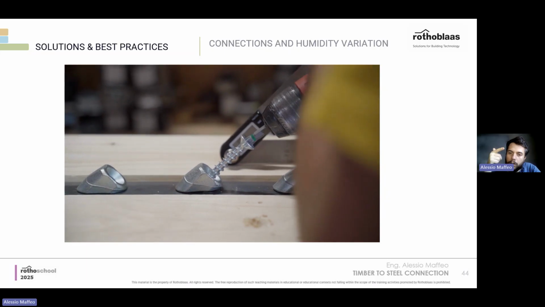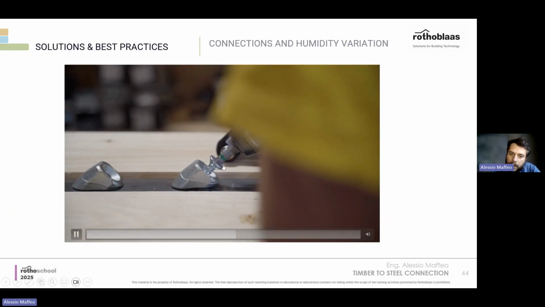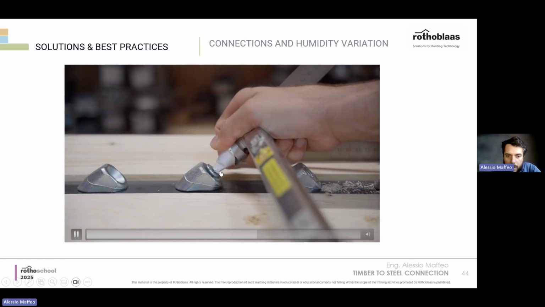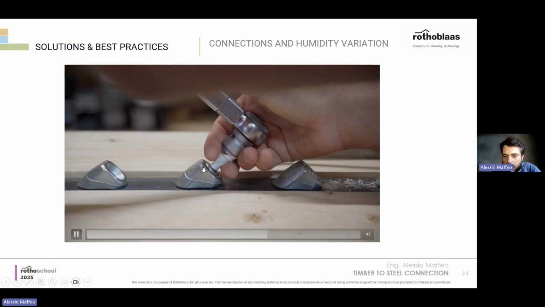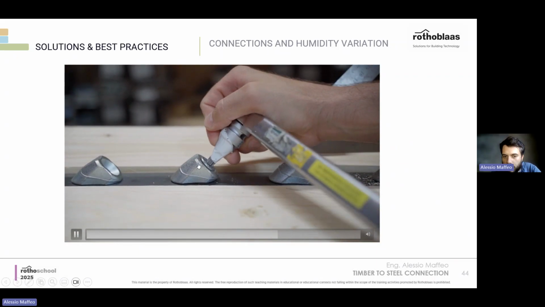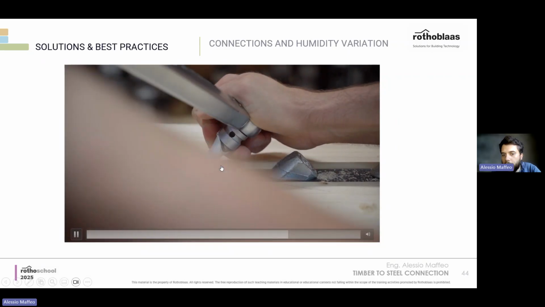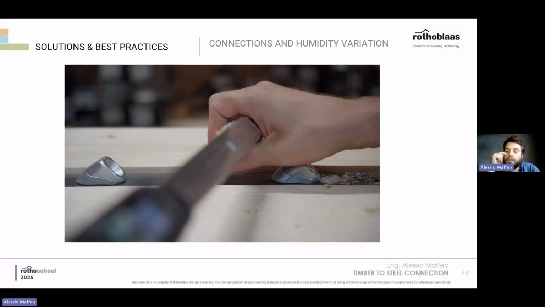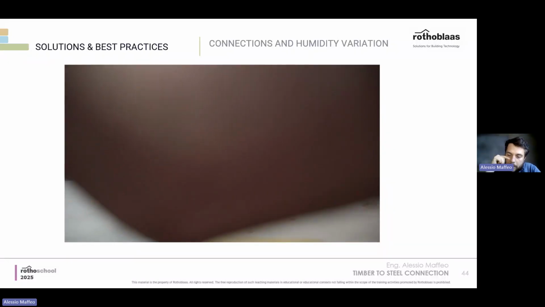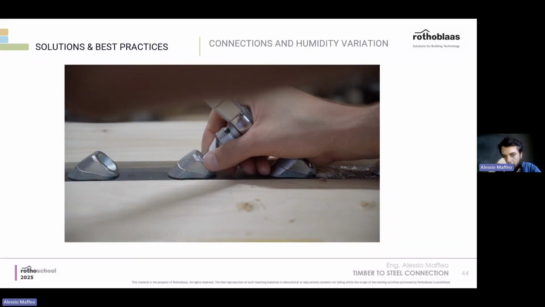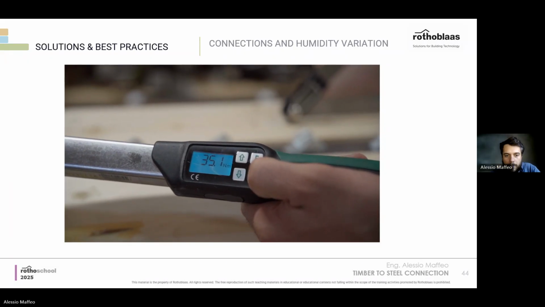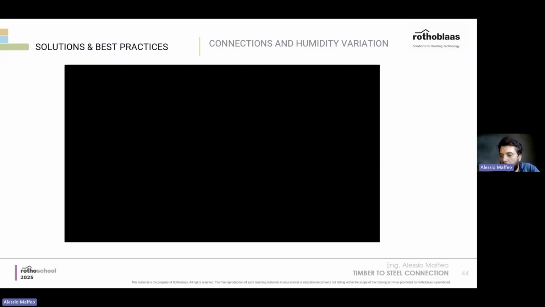We want to make the pilot hole in order to have then a perfect installation with the right inclination. You see, he stopped just before reaching the steel element, and then you finish it with a torque wrench. The torque wrench will have to be set to the right insertion moment, and then this is the right installation.